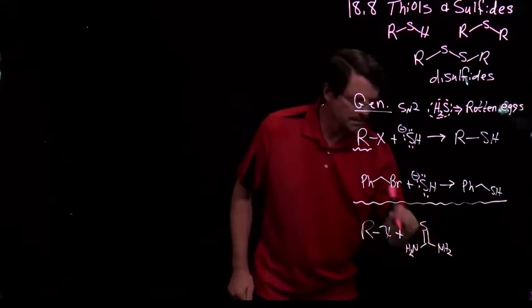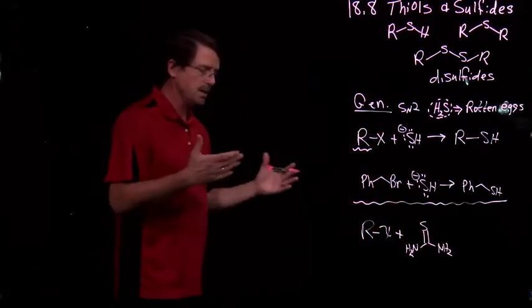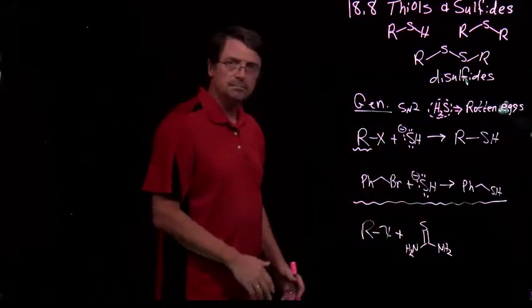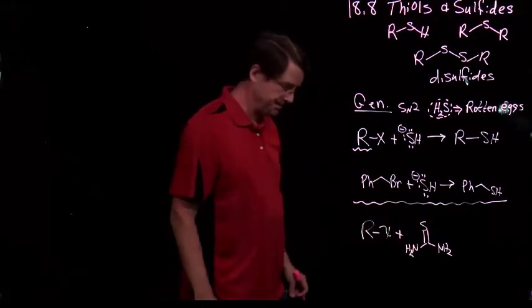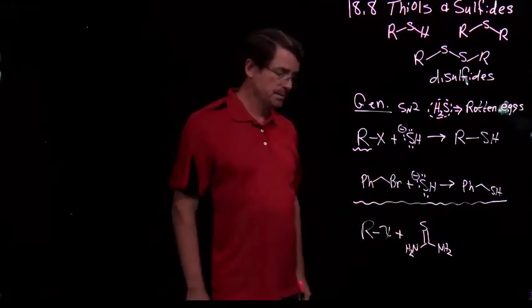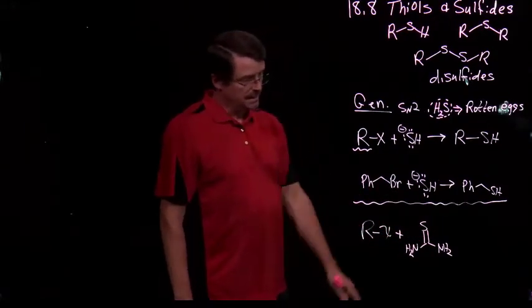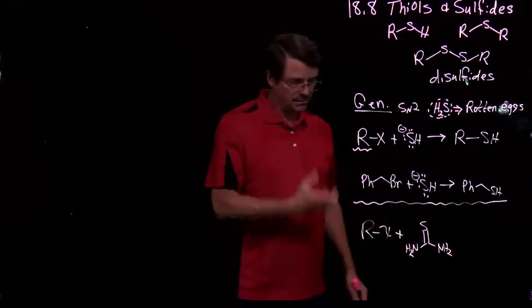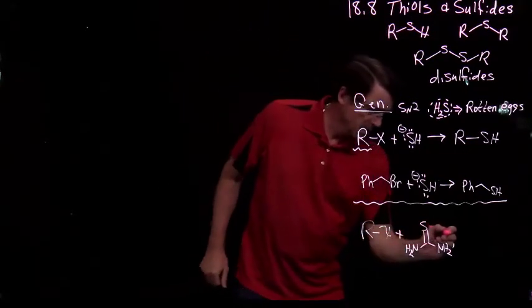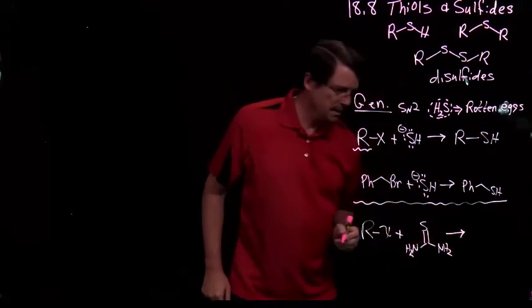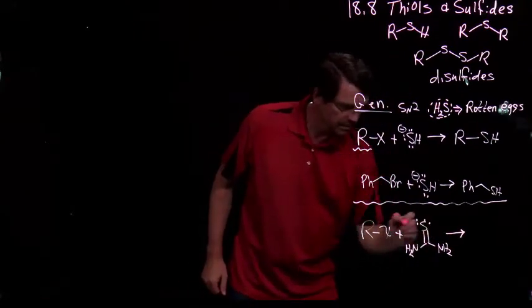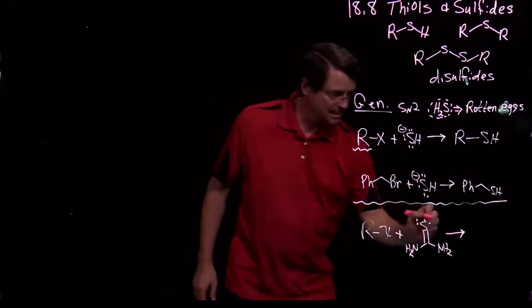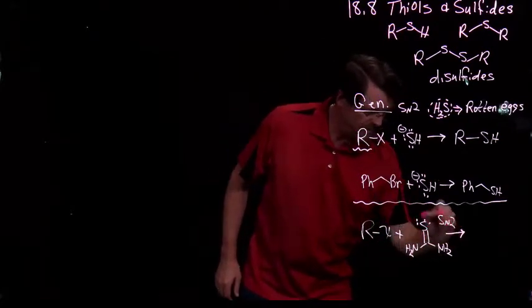Now, urea, where that sulfur is an oxygen, is a standard byproduct of metabolism in animals. But we want the sulfur analog of this. And so thiourea is not volatile, so it does not produce that odor. We react these together. The sulfur is still very nucleophilic and does a classic SN2 type reaction.